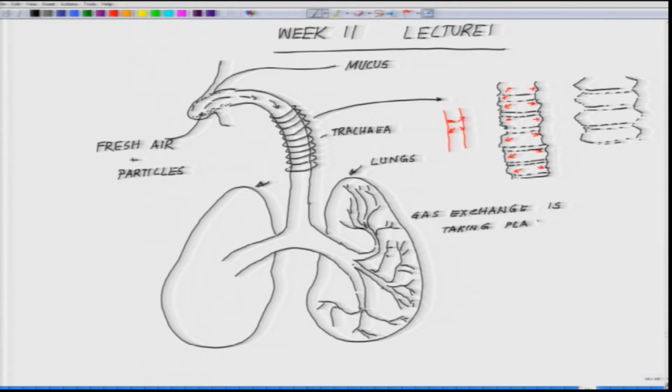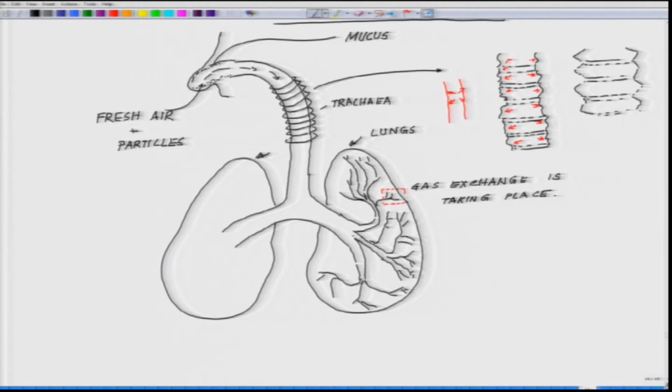Okay. Now, having shown this, we will go to the finer details of this part, how this area looks. Interestingly, if you zoom in onto this area, it will be more like this kind of a structure, which otherwise you won't be able to see.